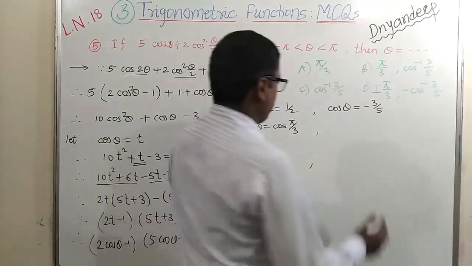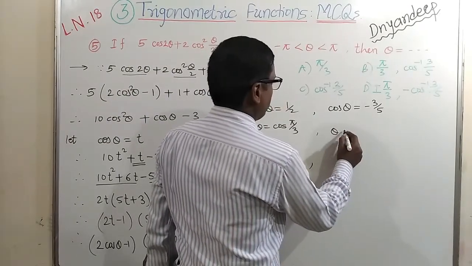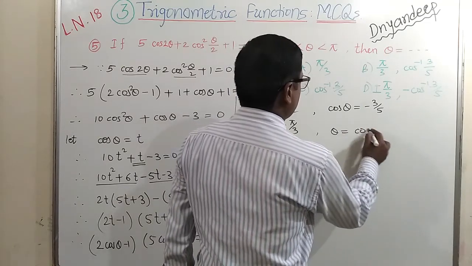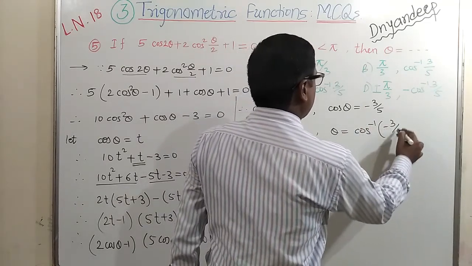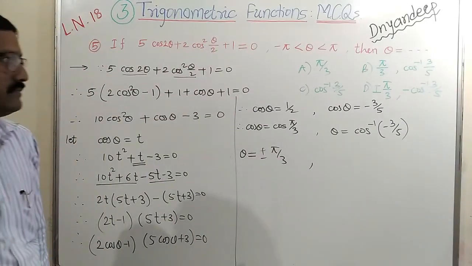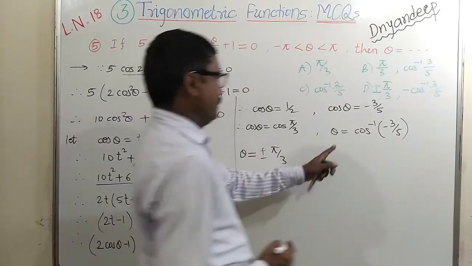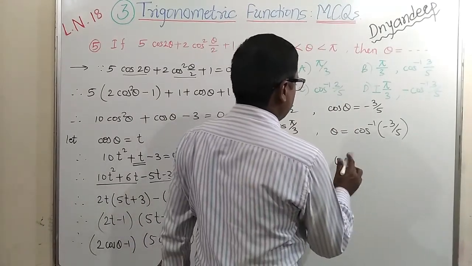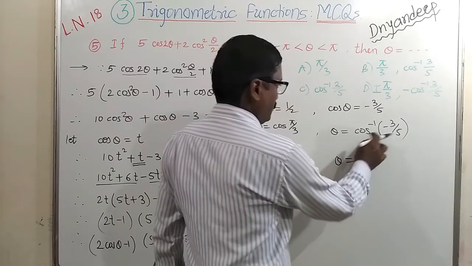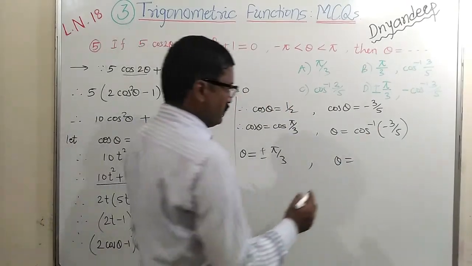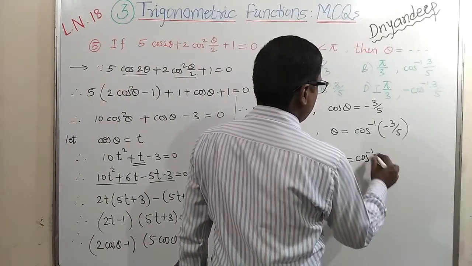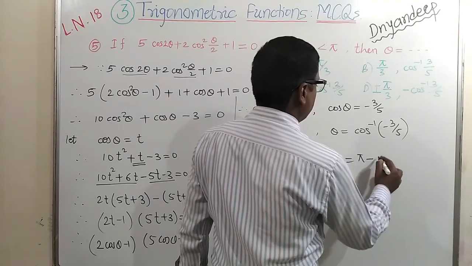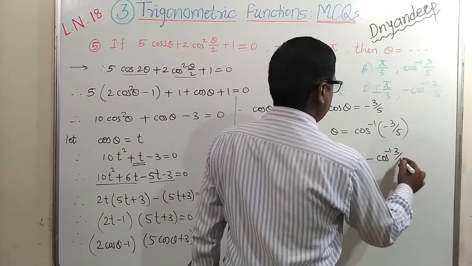And cos theta is equal to minus 3 by 5. So we get theta is equal to cos inverse of minus 3 by 5. Therefore, by using the property of cos inverse of minus x, it is equal to pi minus cos inverse of 3 by 5.